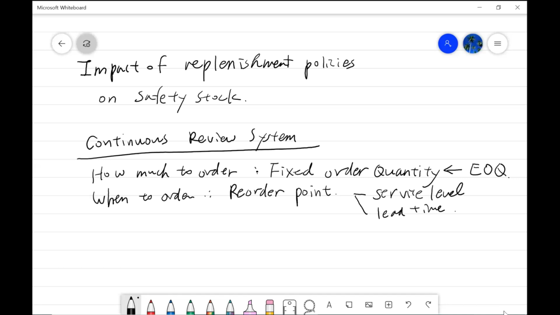So let me concentrate on how to determine the reorder point. The way we decide the reorder point is just the average demand during the lead time.